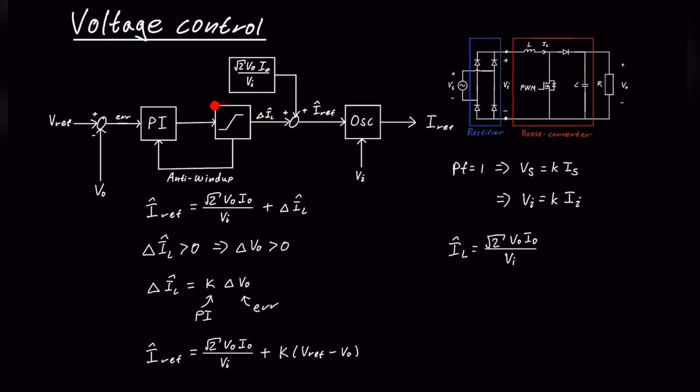Therefore, we want to limit the change of current so it can't become lower than minus whatever we feed forward. Because if it is lower than minus this expression, this would become less than 0. We don't need to have an upper limit for the saturation, so we can just set it to infinity.